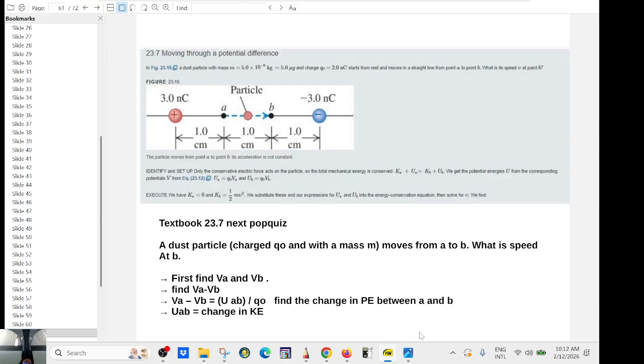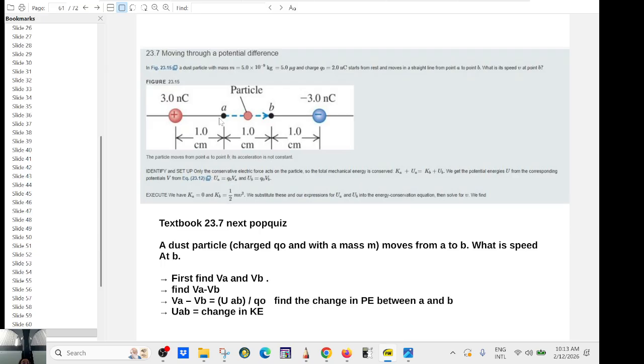Opposite. Okay, let's try to do this one. This one comes from your book, so we can help each other. The only difficulty here is that you have to do it in 2 steps. First, you have to find the voltage at point A because of this one and because of that one. And then you want to find the voltage at point B because of this one and because of that one.